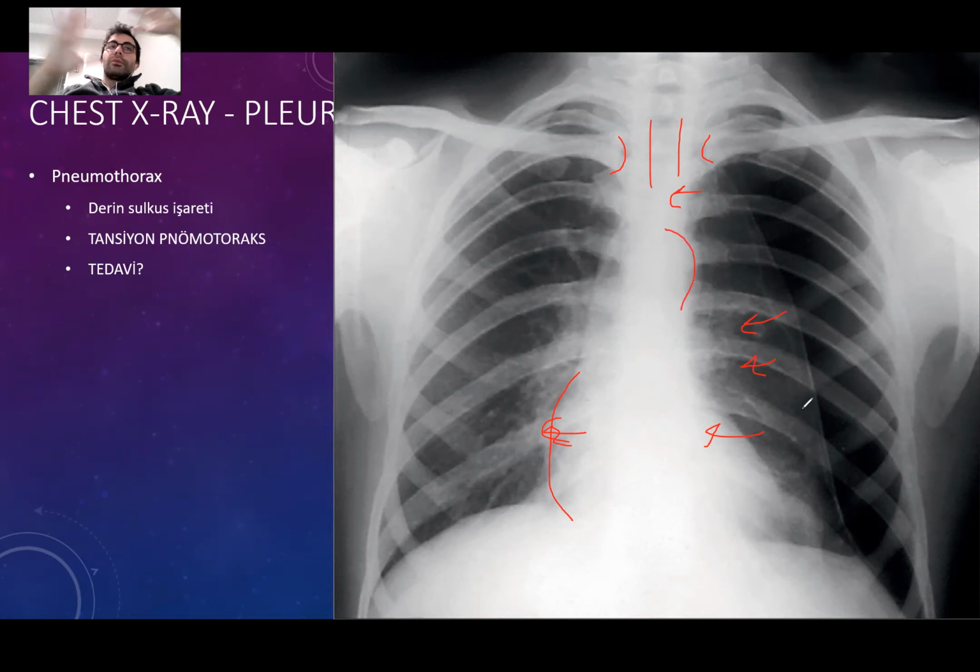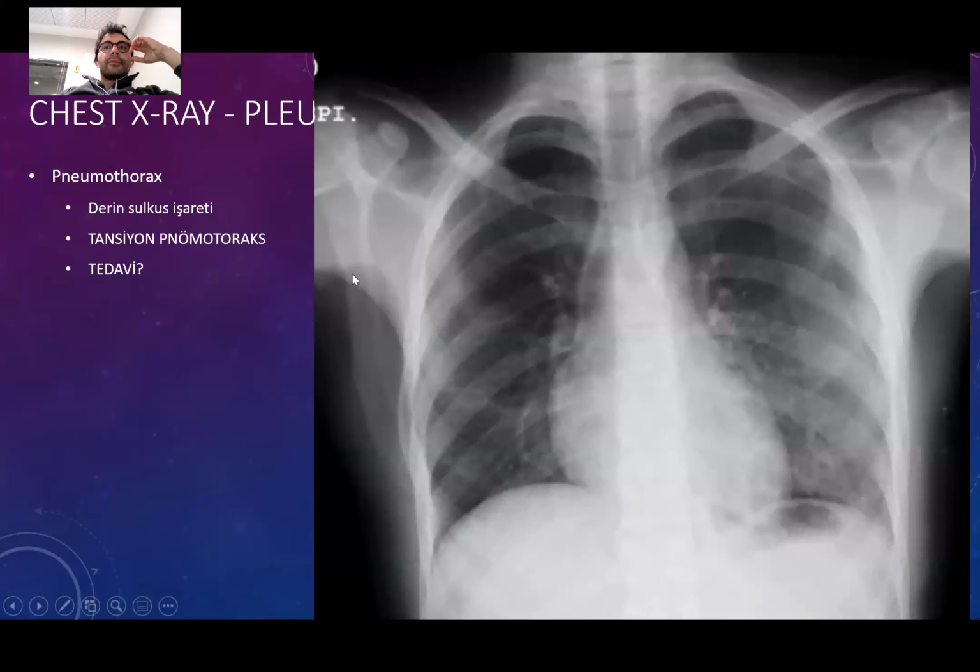So this is the start of tension pneumothorax. We have talked about the treatment in these kinds of patients. It's a very simple needle that you are going to stick on the lateral side, a little bit on the top, on the side with pneumothorax.